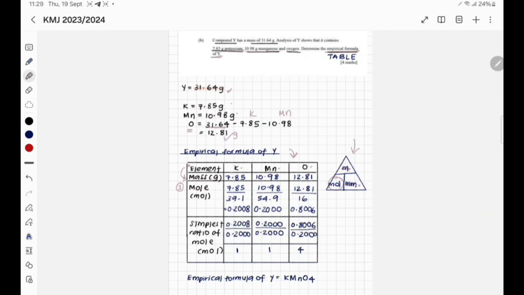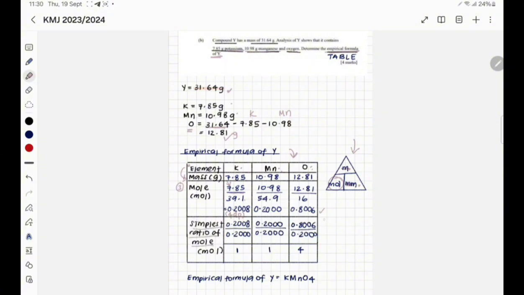So for example, untuk potassium, mass dia 7.85 and molar mass dia ialah 39.1. So mol dia usually kita kena ambil 4 decimal place. So cara yang sama for Mn and juga O, then we will get the mole untuk setiap elemen. Okay, lepas dapat mole, we have to get simplest ratio of mole.